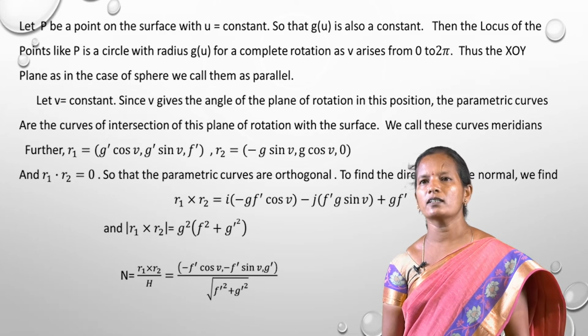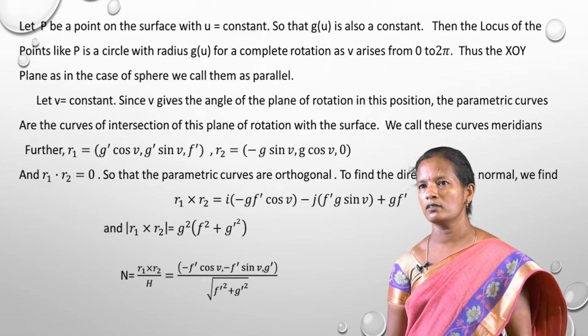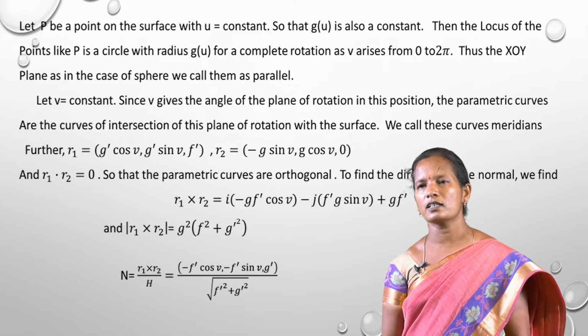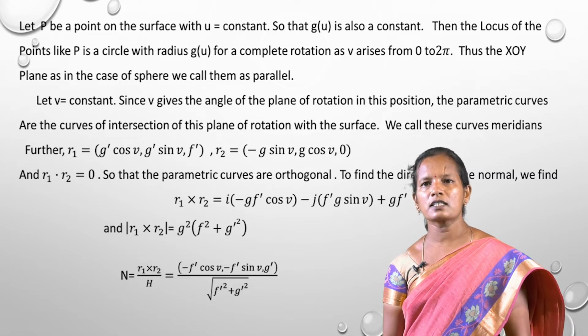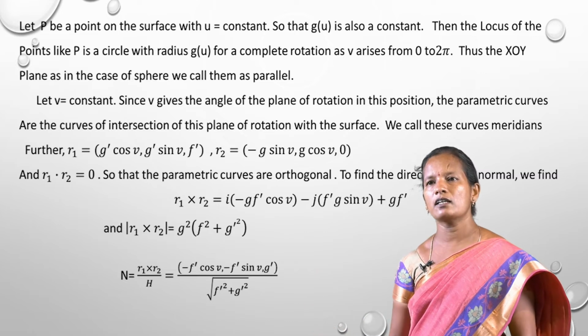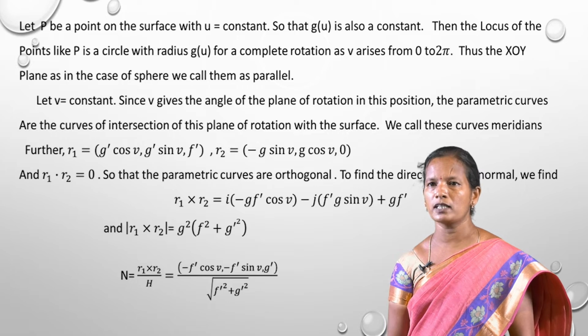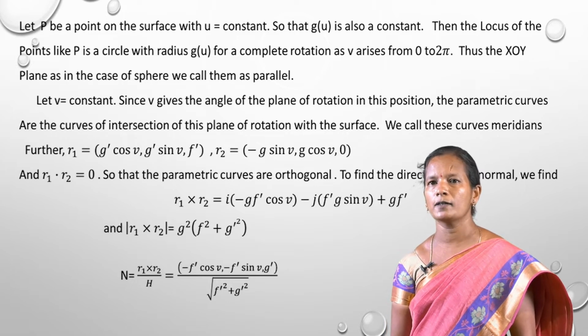Let P be a point on the surface with u equal to a constant, so that g of u is also a constant. Then the locus of the points like P is a circle with radius g of u for a complete rotation as v varies from 0 to 2 pi. Thus these circles, parallel to the XOY plane, as in the case of the sphere, we call parallels.